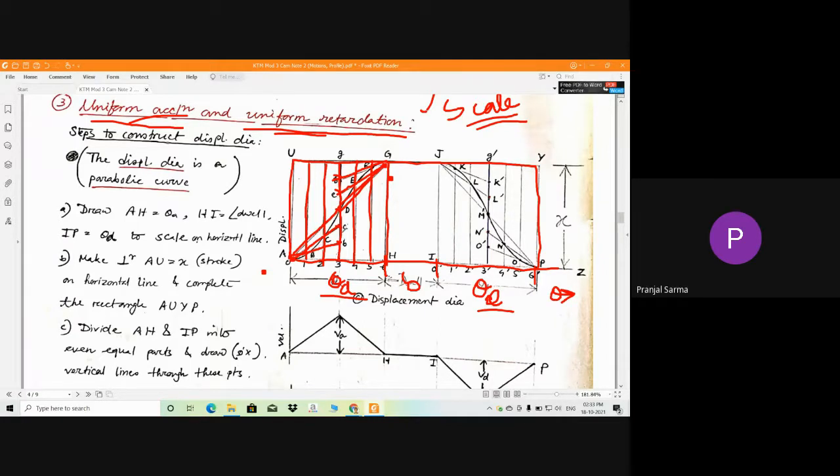Similarly, for locating the second point, we already have this second line and this second vertical line. Where they meet here, this is the next point of interest. For getting the third one, this is the third inclined line and this is the third vertical line, and where they meet here, this is the third.